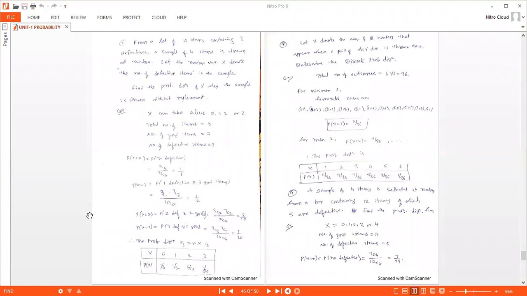So that is 3c2 into 7c2 by 10c4. On simplification, you get 3 by 10.